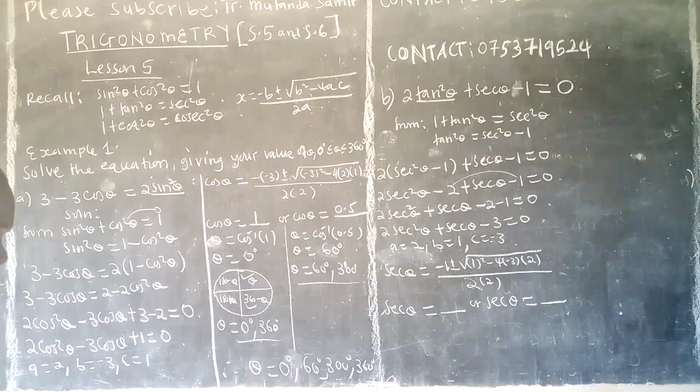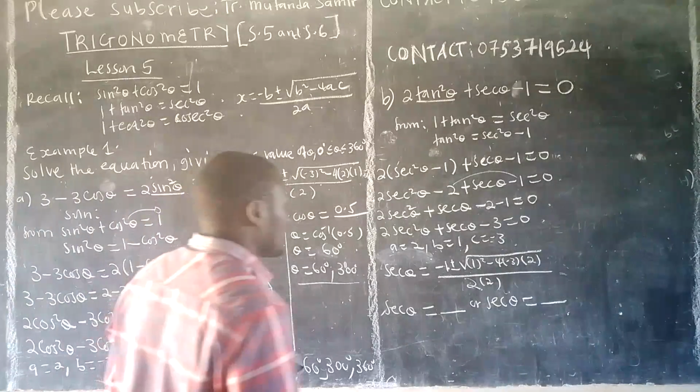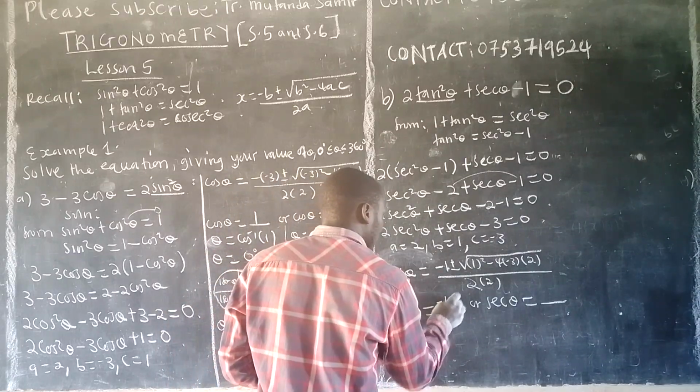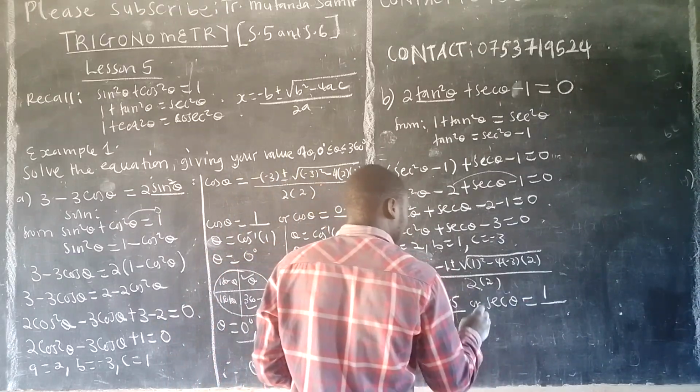And now this will be, okay, we have a 2, a 1, and finally a negative 3. We have 1 and negative 1.5. So we have negative 1.5, and here we have a 1. Okay, good.